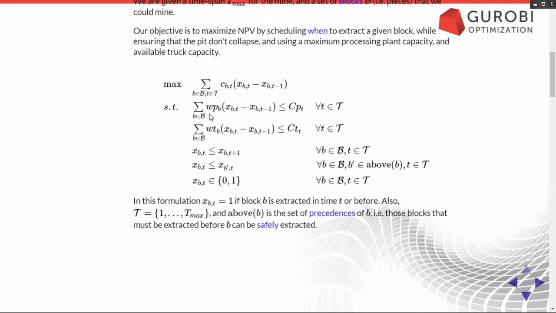Those are the capacities that I was talking about, and these constraints down here are really saying, if I want to get out a block, I cannot get it out if whatever is on top of it is not out already. And not only that, you need a given shape. You don't want the pit to collapse on itself. So that's captured by these precedences down here. Okay, so those are going to be my two problems.